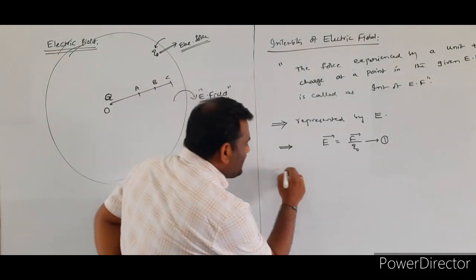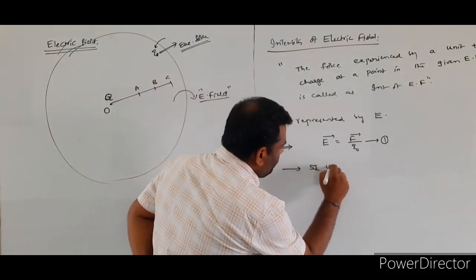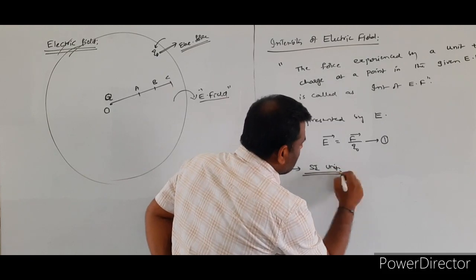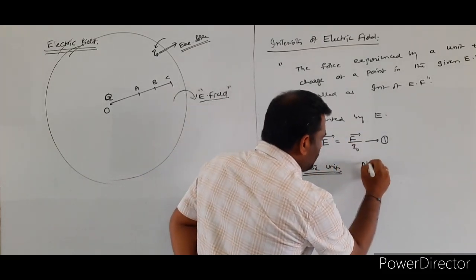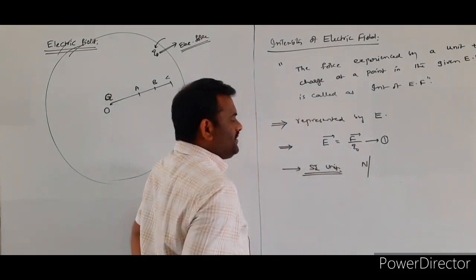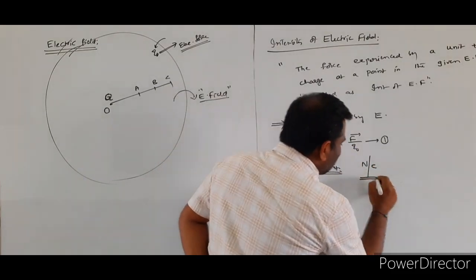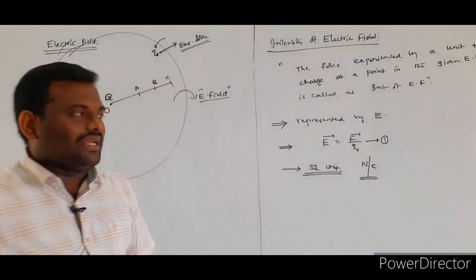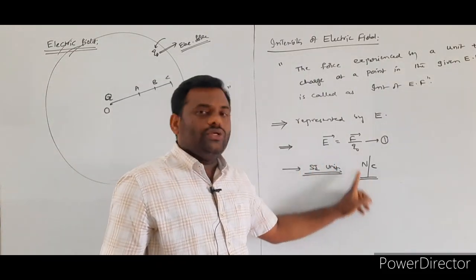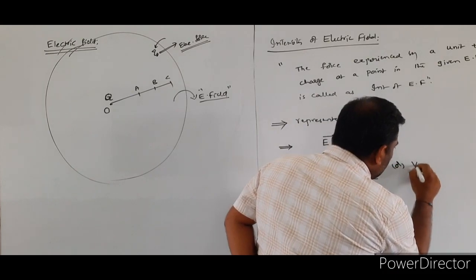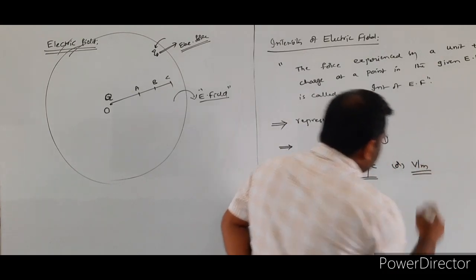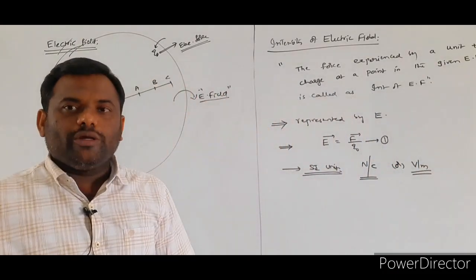So here, what is the SI unit of electric field strength? For force, the SI unit is Newton, and for charge, Coulomb. So the SI unit of the electric field strength, or intensity of the electric field, is Newton per Coulomb or volt per meter.